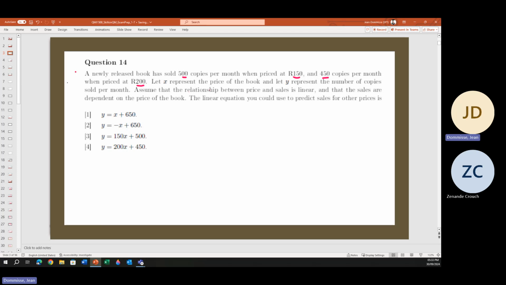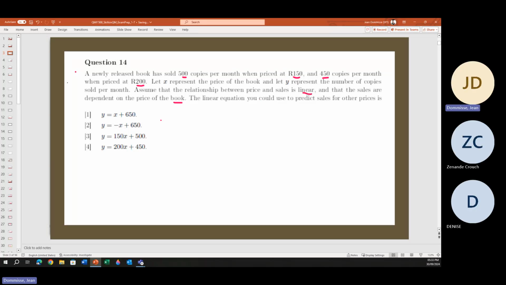Let X represent the price of a book and Y represent the number of copies sold per month. Assume that the relationship between price and sales is linear, and that the sales are dependent on the price of a book. The linear equation you should use to predict sales for other prices is.